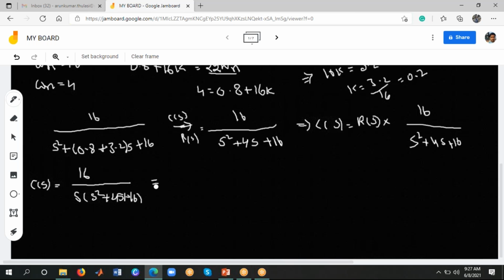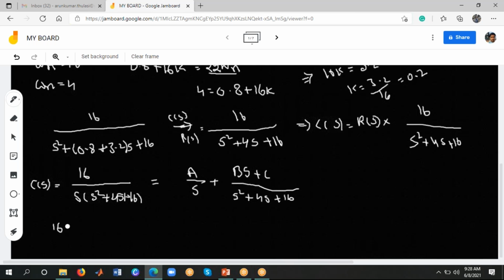Now if you apply the partial fractions, you will get A by s plus (Bs plus C) divided by s square plus 4s plus 16. Now we are going to simplify this equation by taking common terms and multiplying.